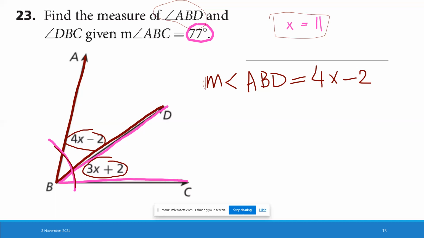If you know that it is 4x minus 2, what do you have to do? I told you, in algebra, you have to find x. Then what do you have to do? You have to substitute. Now who wants to answer?